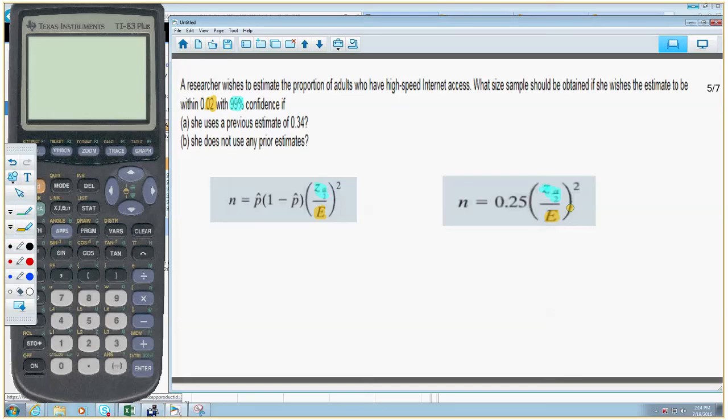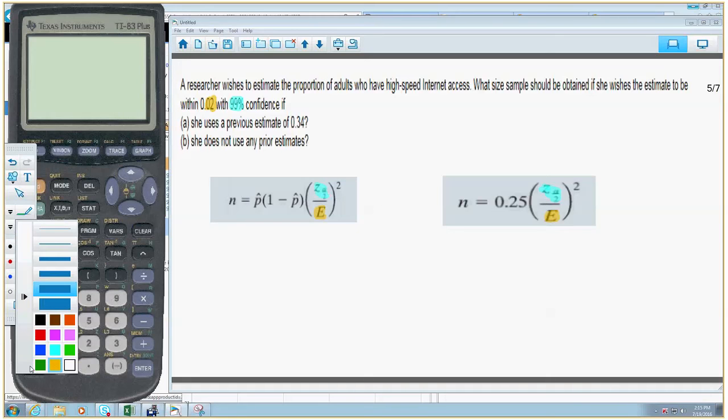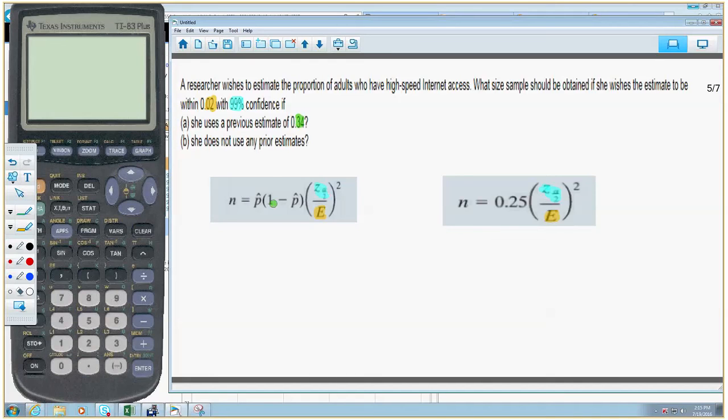Now, my question is, on A, what do you think 0.34 is? It's not Q, but p hat. So 0.34 is p hat. Now, how did y'all know that? Because the formula will give you directions.